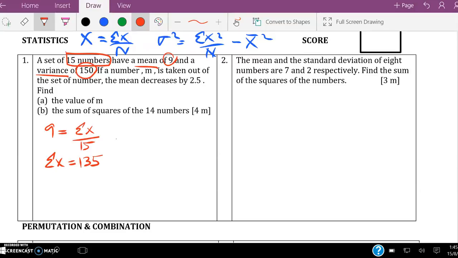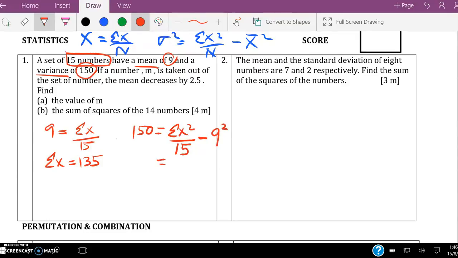And then in another set of information, there is variance. Variance is 150, equal to sum of x squared over 15 minus 9 squared.